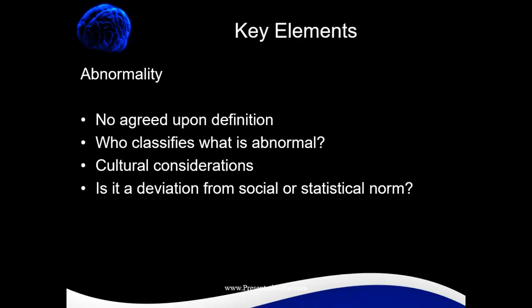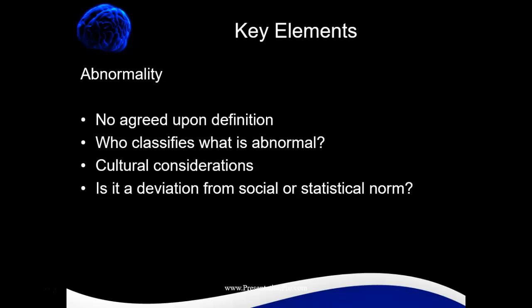But it's also very important to recognize that there's a lot of politics, cultural implications, and socioeconomic implications when we're really considering abnormality. So, we need to be very, very careful that we understand abnormality in its proper context.